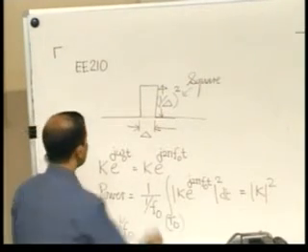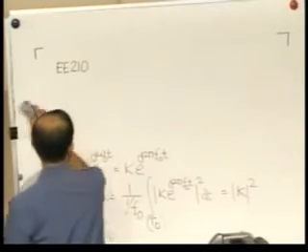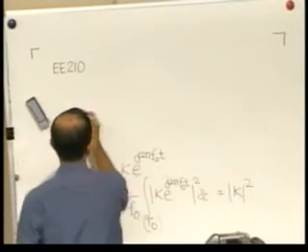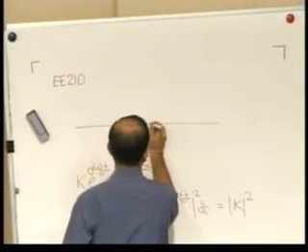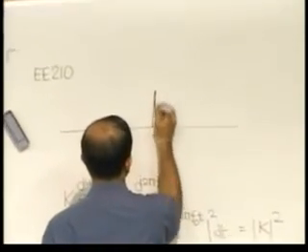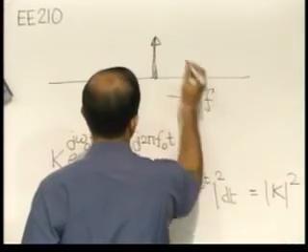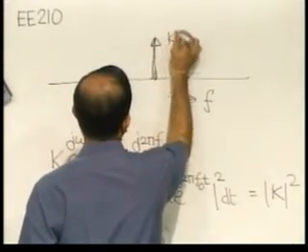So suppose I put on the f axis an impulse of strength k squared here.